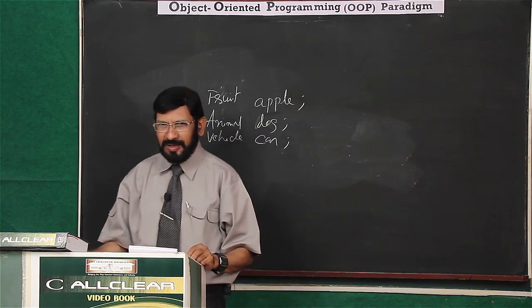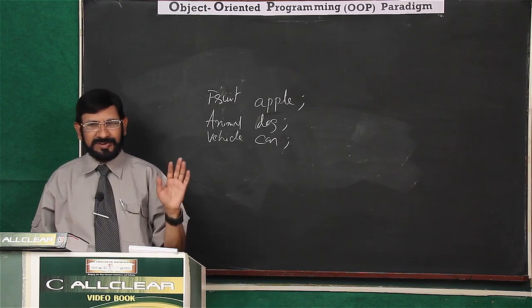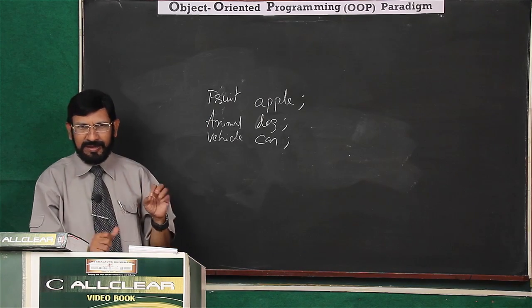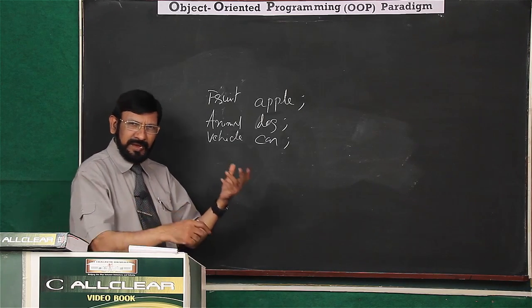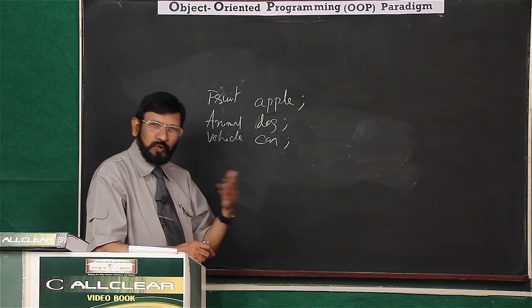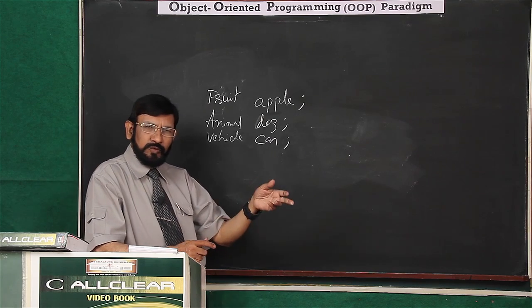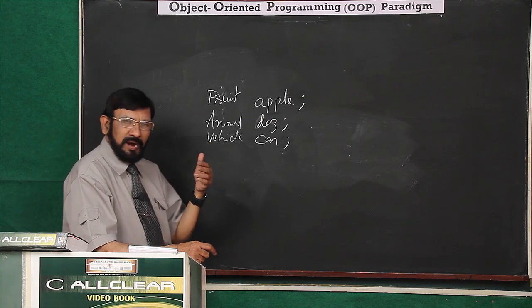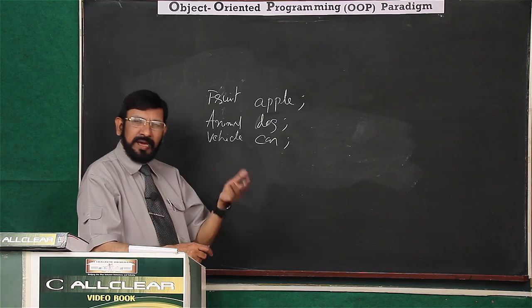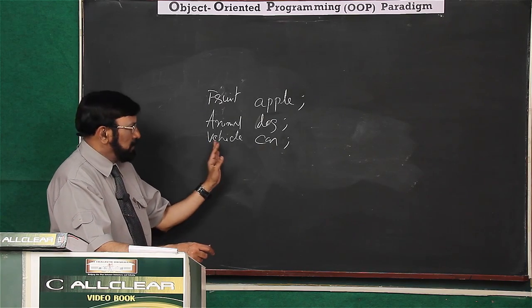Now you see, vehicle means it is abstract. What is vehicle? Everybody knows. Vehicle is an equipment. It moves automatically, and it carries either goods or people.